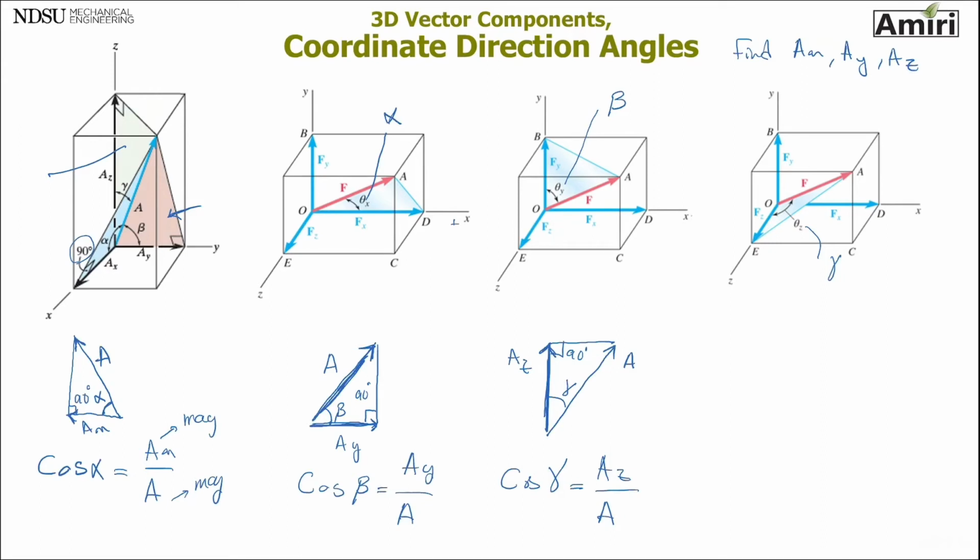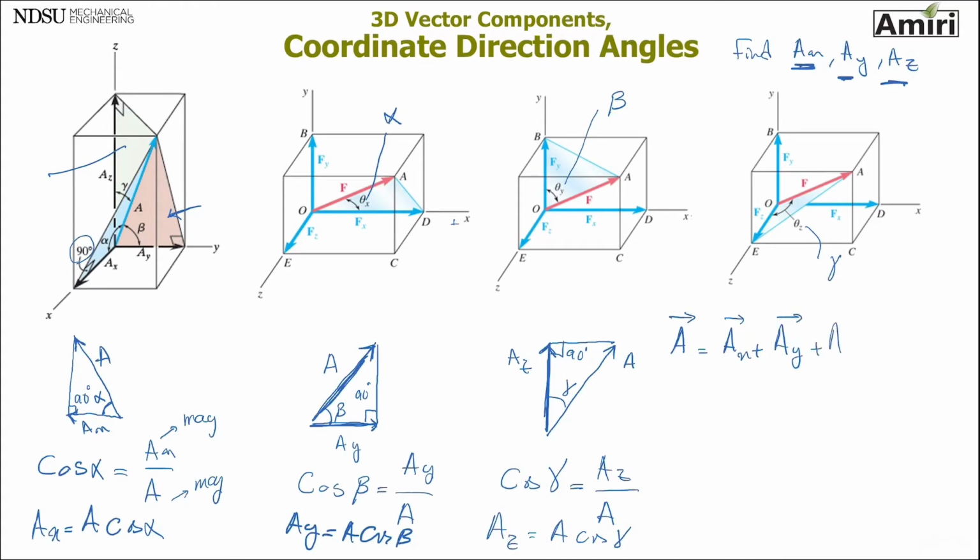Okay, so I think we're getting somewhere. Remember, the goal was to find these three. So all I have to do is rearrange my equations. Ax is A cosine alpha. Ay is A cosine beta. Az is A cosine gamma. And if I want to write it in Cartesian notation, remember, A is Ax i, Ay j, Az k.